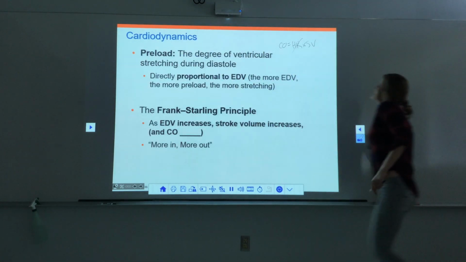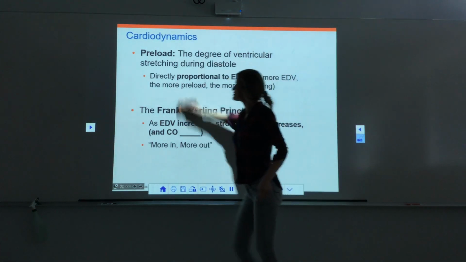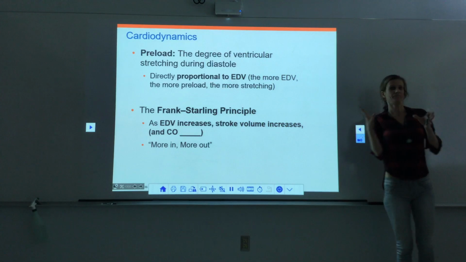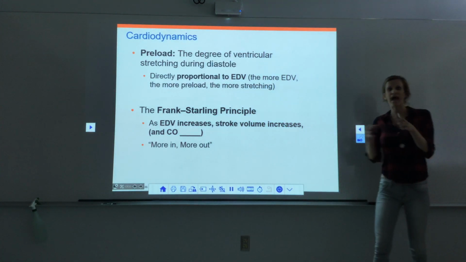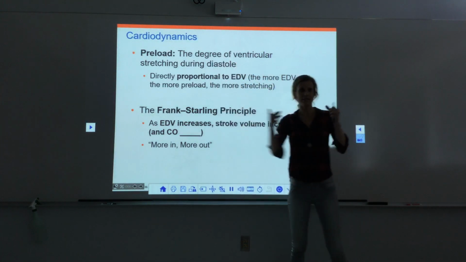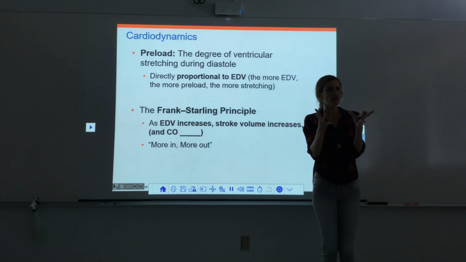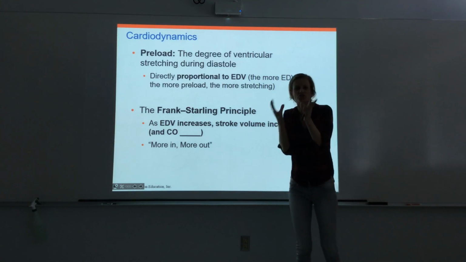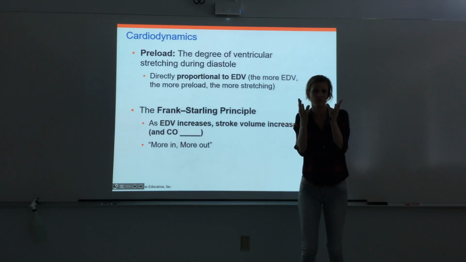So what preload is, the amount of stretching in the ventricle while it's filling. Okay, so like at the end of diastole, right, when you're filling the ventricle up, it's resting, it's being filled up with blood, how much stretch do you have in that ventricle?